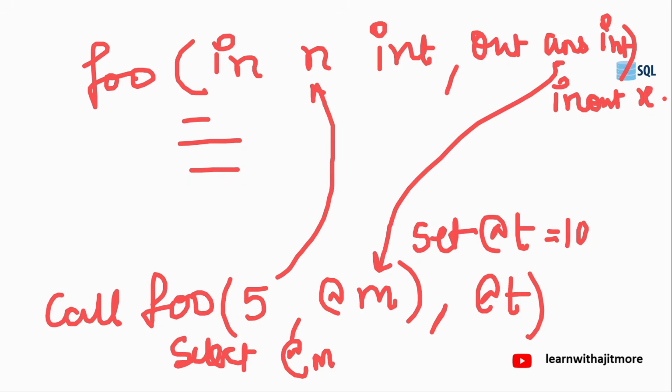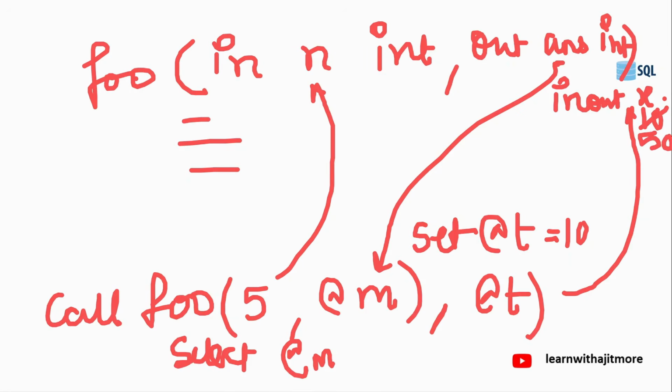So here what we have done, we have created one actual variable t with value 10, then @t. As it is in out, first this value is given to x. What is value of t? 10. That is given. Then your procedure is doing some work, producing some new answer, whatever, 50.